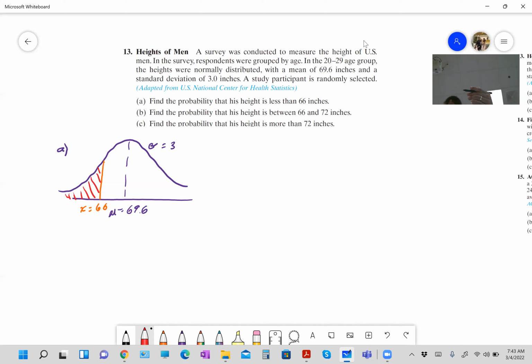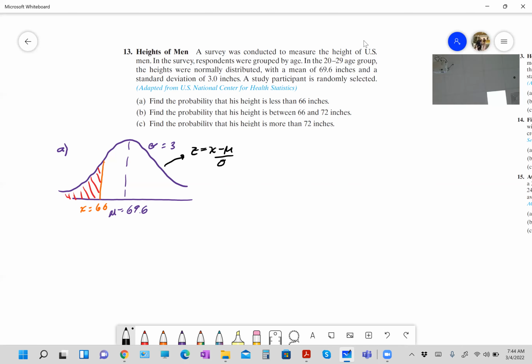Now I like writing things over and over again. So we're gonna apply a z-score here, right? Our z-score is x minus mu divided by sigma. That's how it is. Always the x.